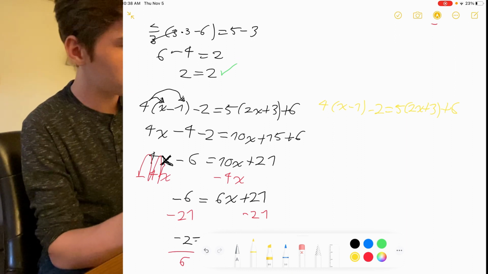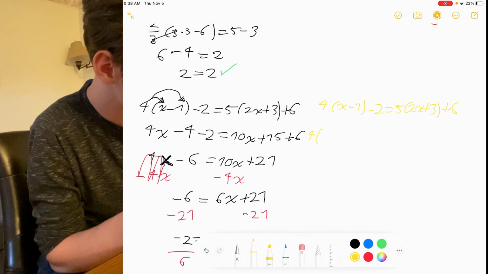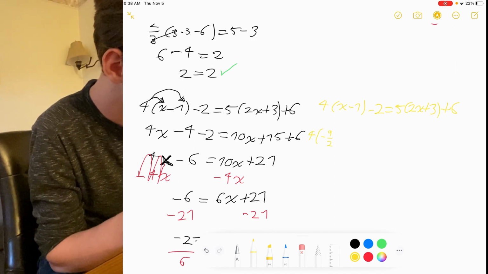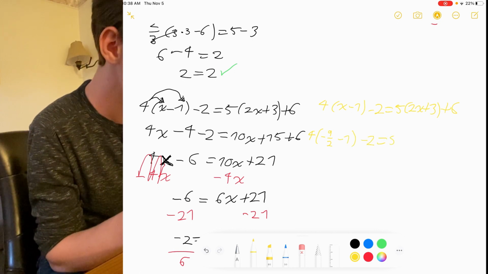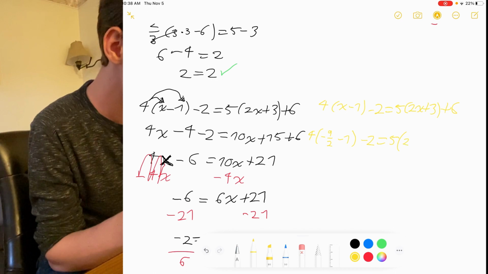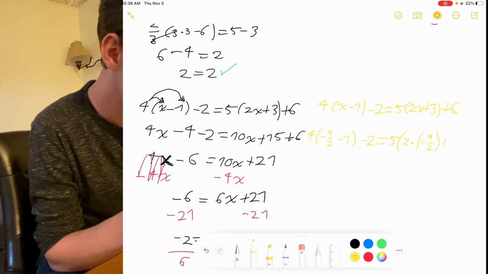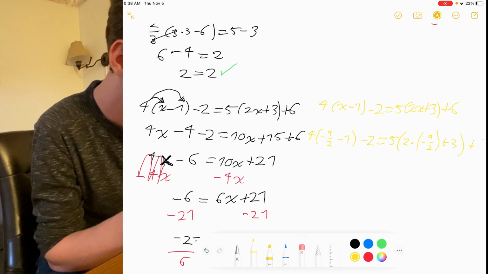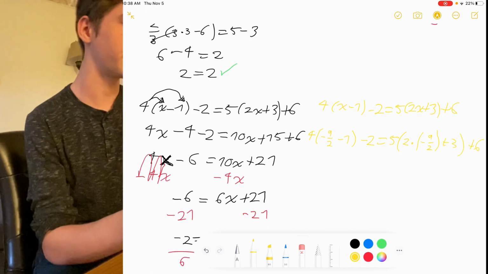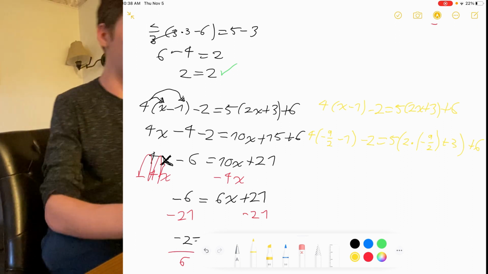And we're going to plug it into this equation up here. So we're going to say 4 times negative 9/2 minus 1 minus 2 is equal to 5 times 2 times negative 9/2 plus 3 plus 6.